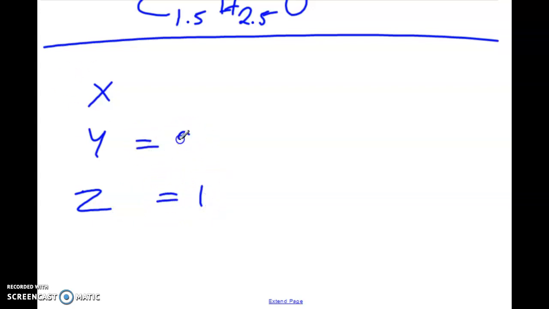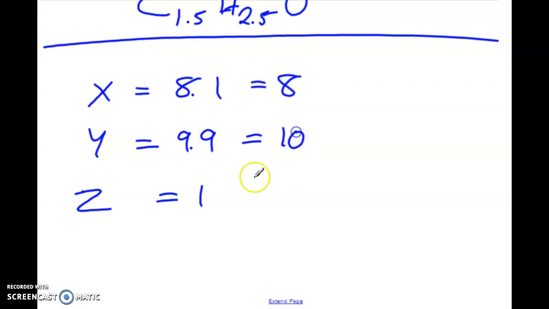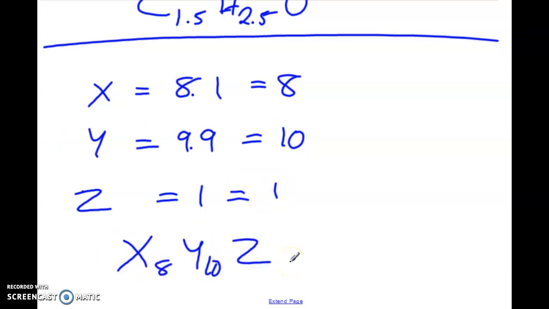Y was 9.9 and X was 8.1. If you're within 0.1 of a whole number, you can round this to a whole number. Meaning my formula would be X8, Y10, and a Z.